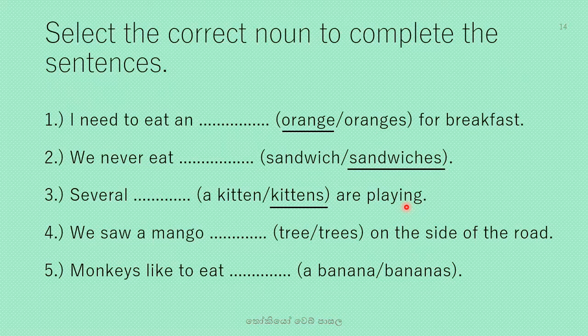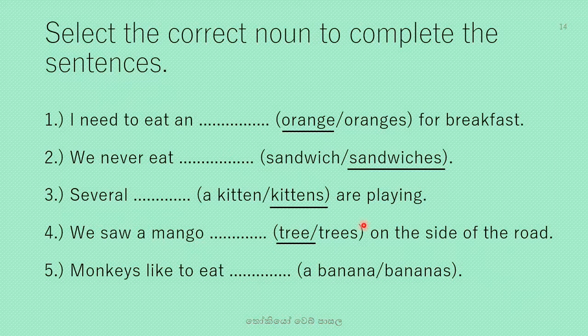So the fourth sentence. We saw a mango blank on the side of the road. We are given tree and trees. So what should be the answer? Yes, it should be tree. Why?